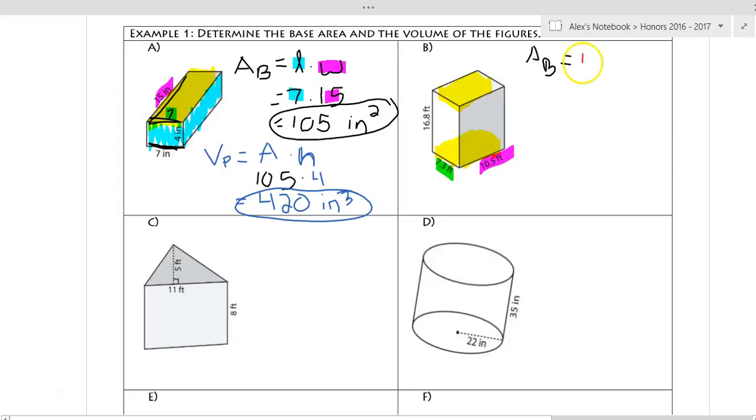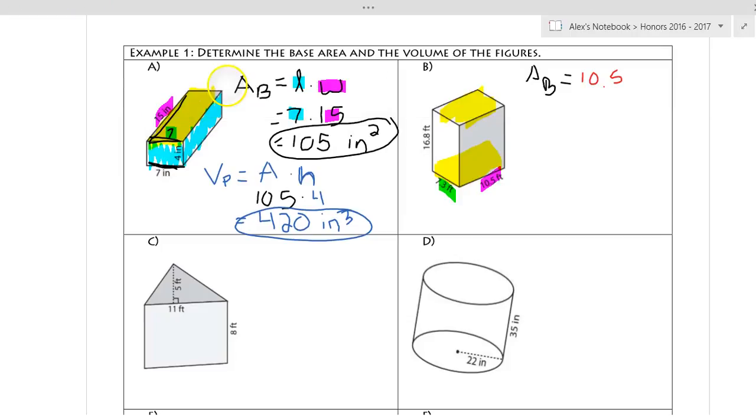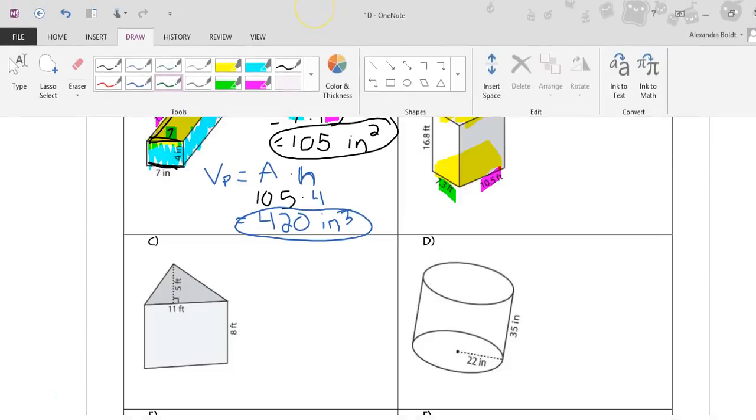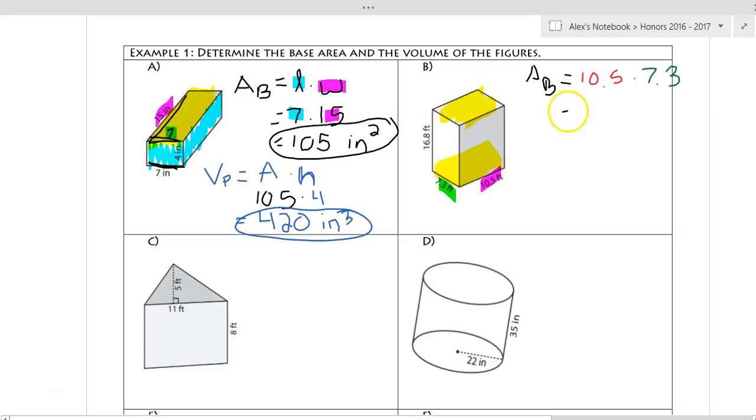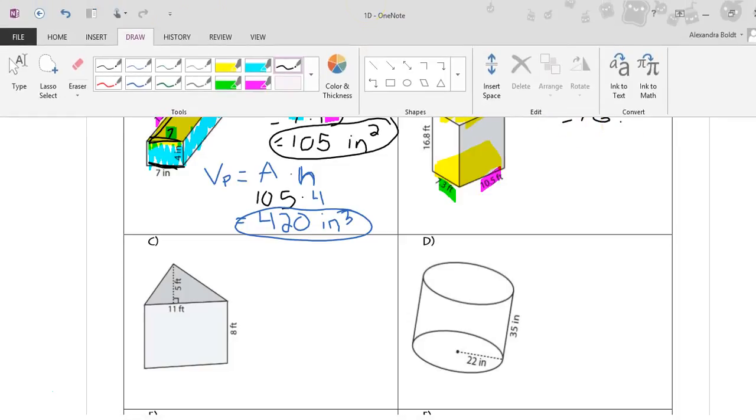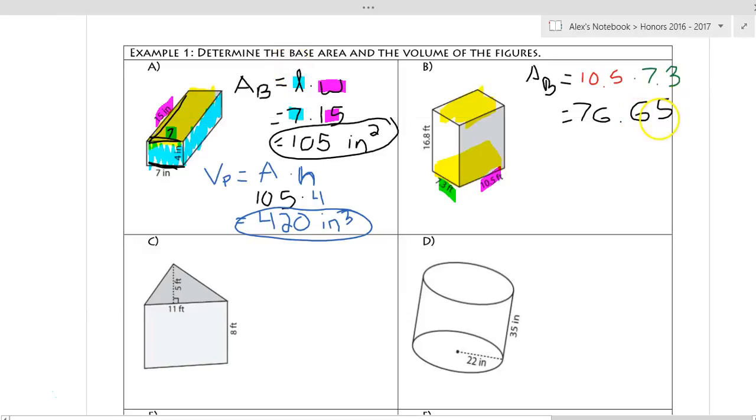So that's 10.5 times 7.3, and when I multiply those together, I get 76.65. Again, this is just a flat two-dimensional object, so feet squared.